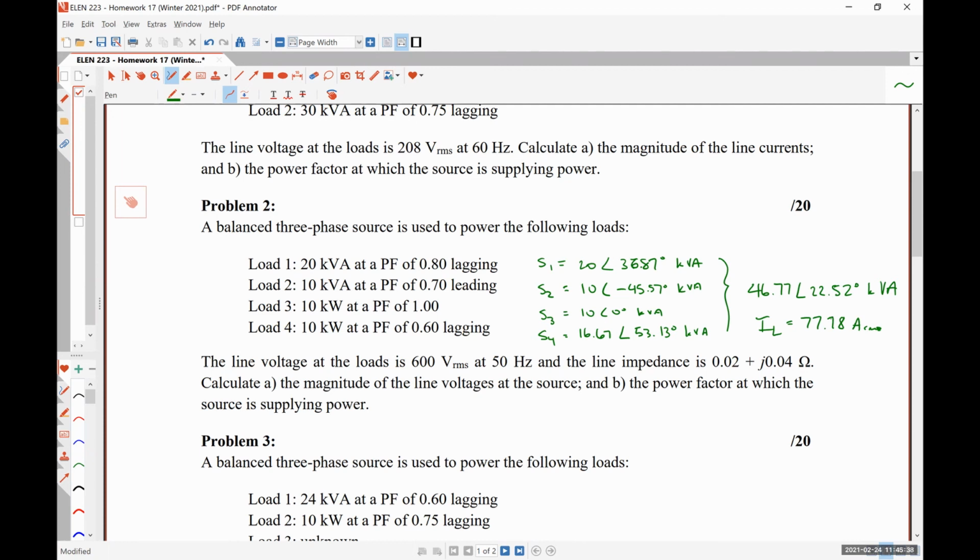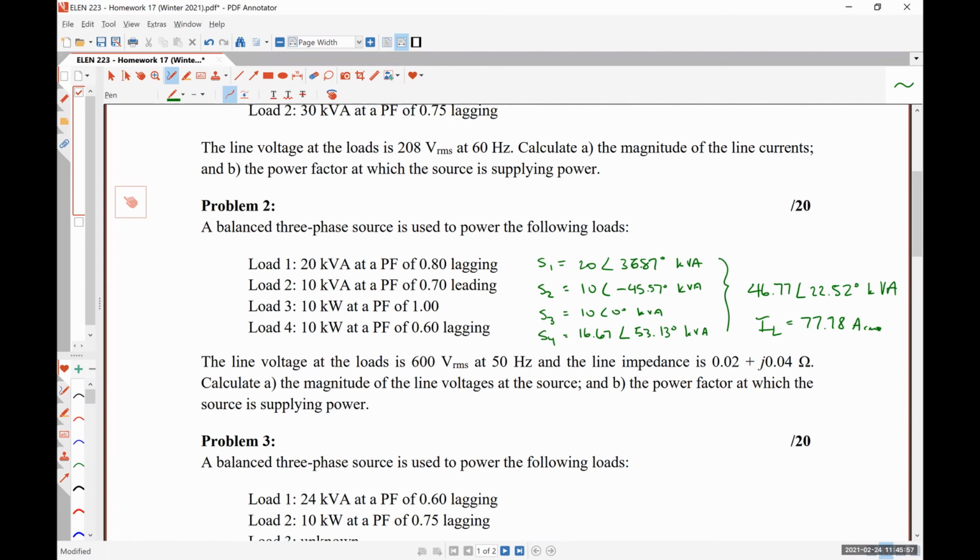Because I'm dividing kilovolt amps by a volt, you're getting a kiloamp-milli, which is an amp. So 77.78 amps RMS.